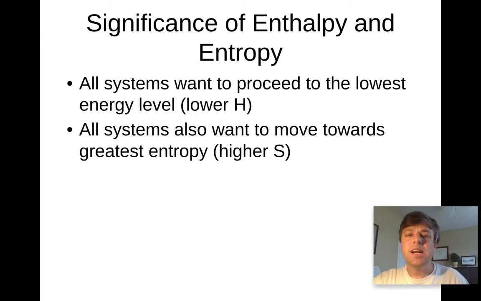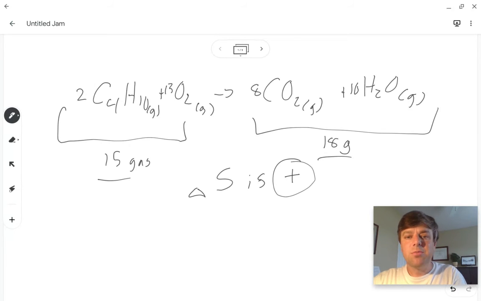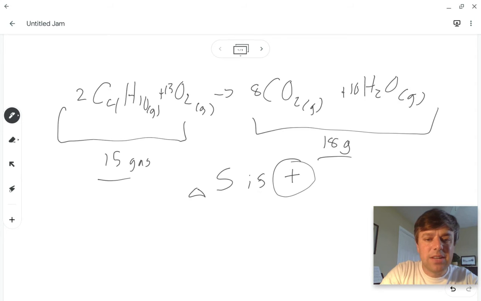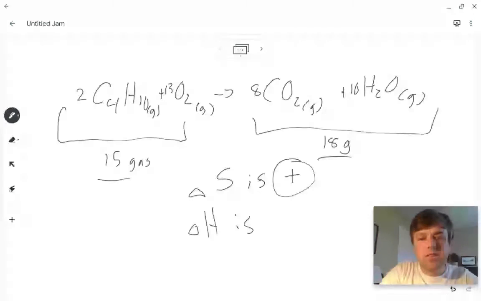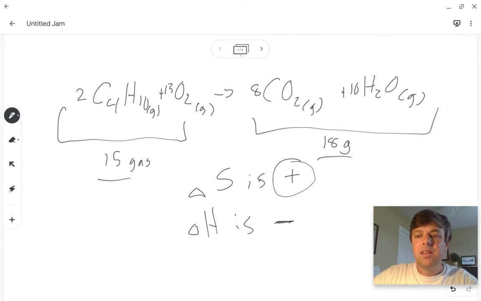So if you have a reaction that is exothermic and increases entropy, such as the combustion of butane, where delta H is negative, then that reaction is going to be favored to happen under every possible condition.